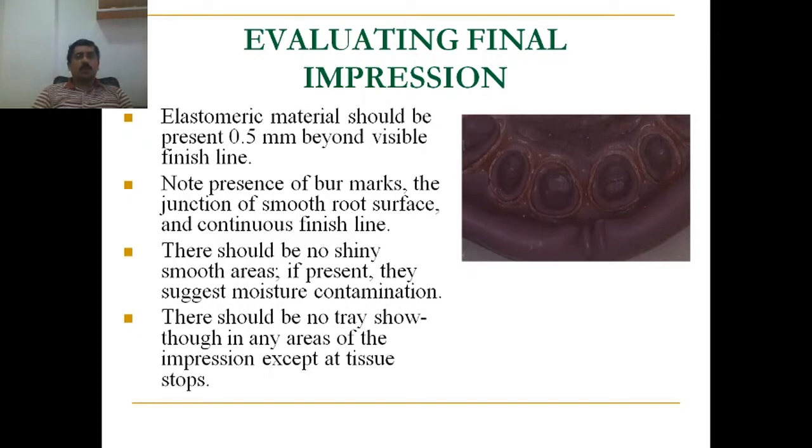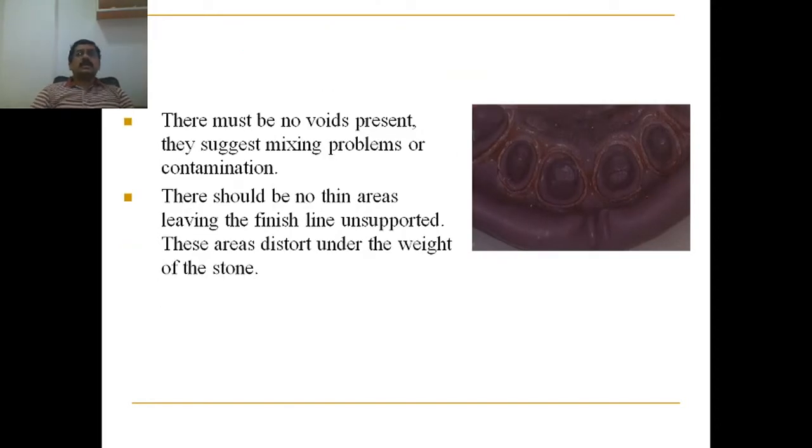There should be no tray show through any areas of the impression except at the tissue stops. There must not be any voids present because it suggests mixing problems or contaminations. There should be no thin areas leaving the finish line unsupported because these areas can distort under the weight of the stone.